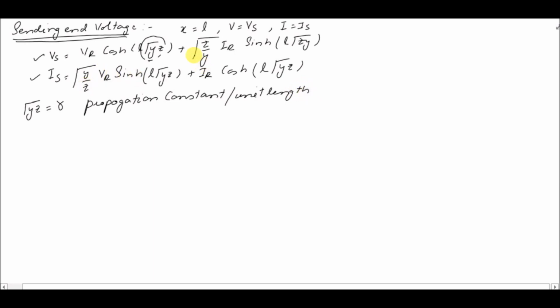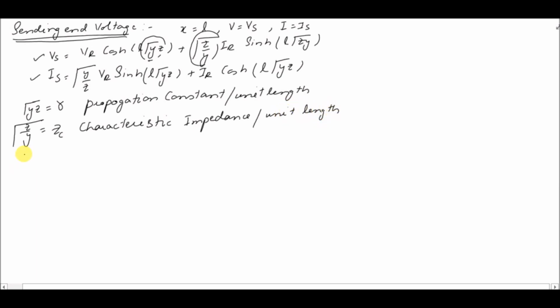Similarly, we have under root Z over Y. This is known as the characteristic impedance, again per unit length. And the last thing is under root Y over Z, that is known as the characteristic admittance, per unit length.